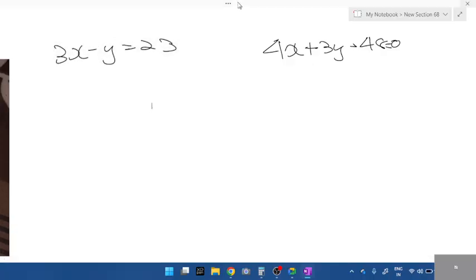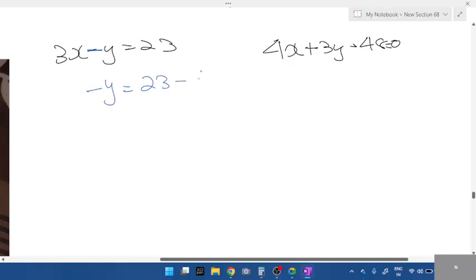Okay, which one shall we substitute? 3x? I'll tell you. You're not thorough with substitution. Once again, I'll explain. Y is negative, students. If you are trying to substitute the y value, minus y remains as one, and the rest goes to the other side. You can't substitute a minus value there. It should be positive.